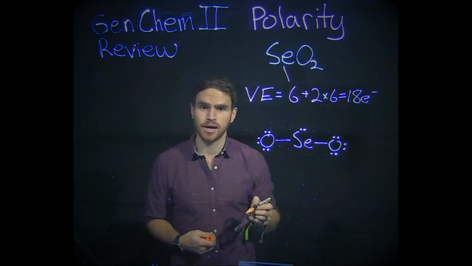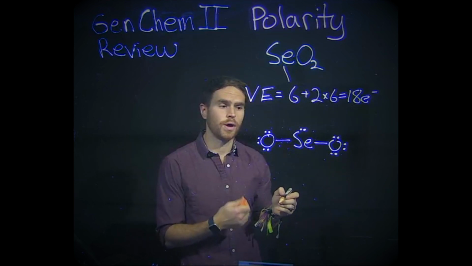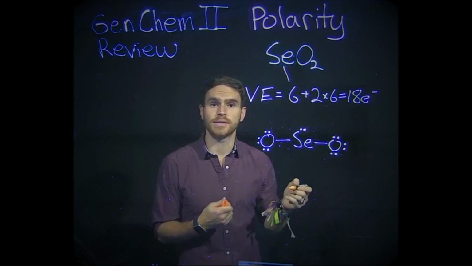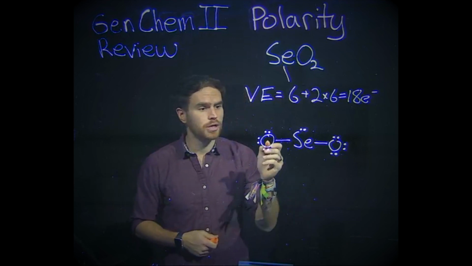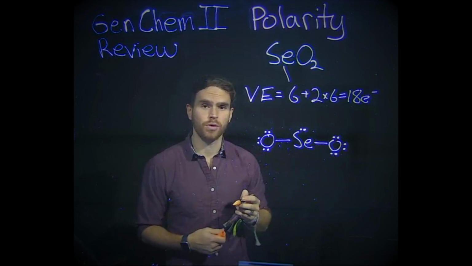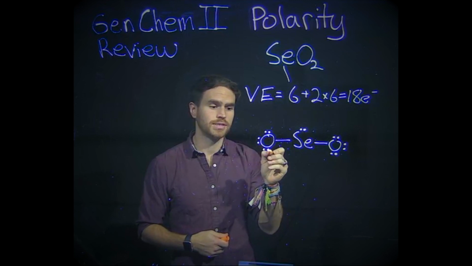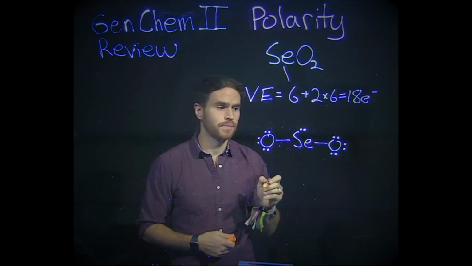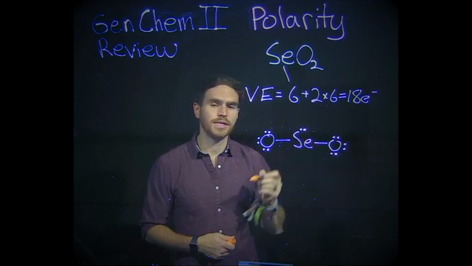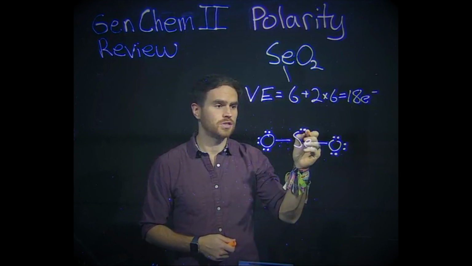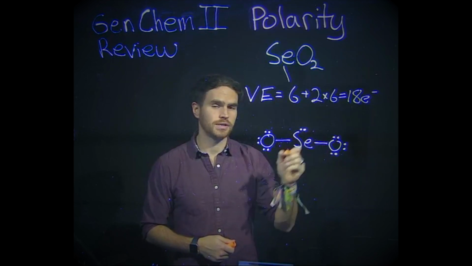Now, the next step is to determine whether or not each atom obeys the octet rule. We can look at the oxygens, which are both equivalent on the outside, and see that we have 2, 4, 6, 8. However, the selenium atom in the center only has 2, 4, 6.